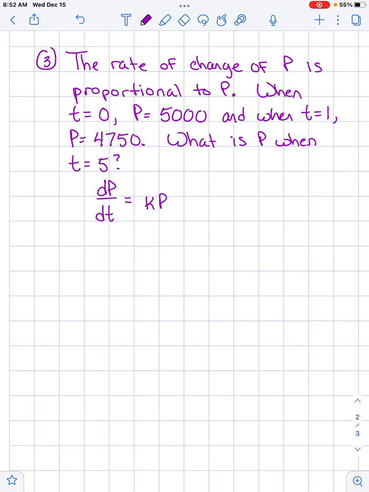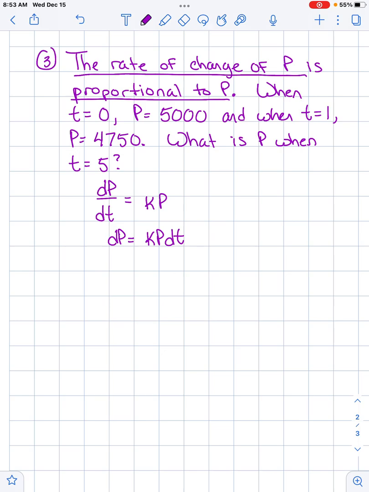So here we go. We have our equation based off of this information. I've just written the differential equation. dP over dt, the rate of change of P, is equal to k times P. It's proportional. So now what we need to do is solve this. First of all, I'm going to separate the variables. I'm going to move dt to the other side. So dP equals kP dt.